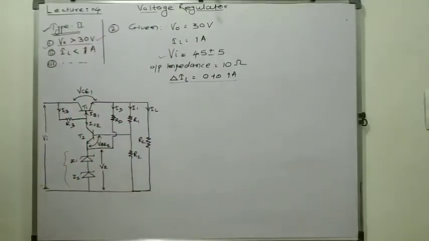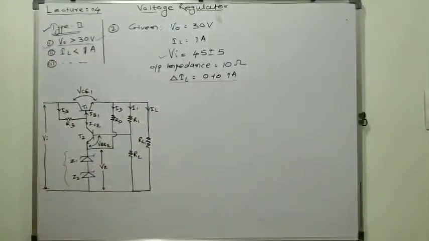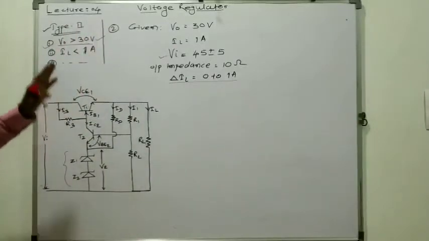That is the given data. We have to find out the stability factor, output resistance, and change in the output voltage for this delta IL for the voltage regulator.